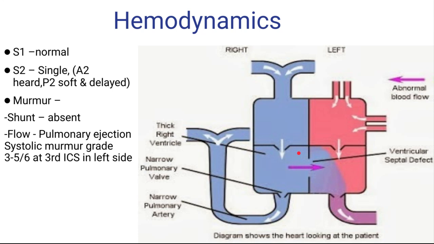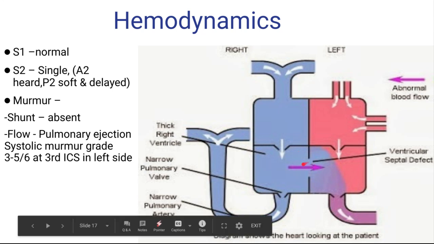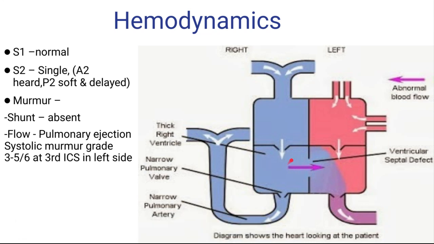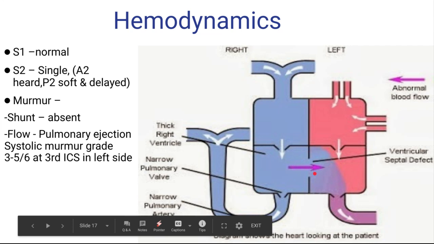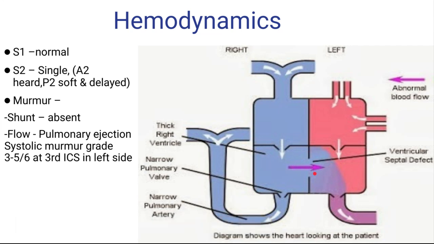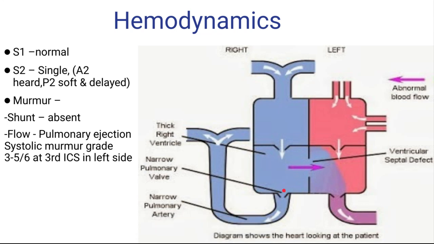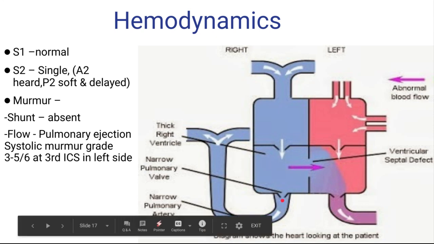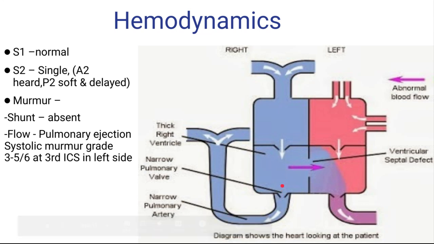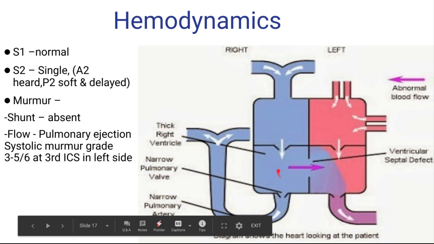Then murmur. The pressure difference is very low between the right and left ventricle, so there will be no shunt murmur, but there will be a flow murmur due to pulmonary stenosis. So a pulmonary ejection systolic murmur of grade 3 will be there, and it will not increase with increased severity of pulmonary stenosis because right ventricle pressure will be decompressed by the VSD.